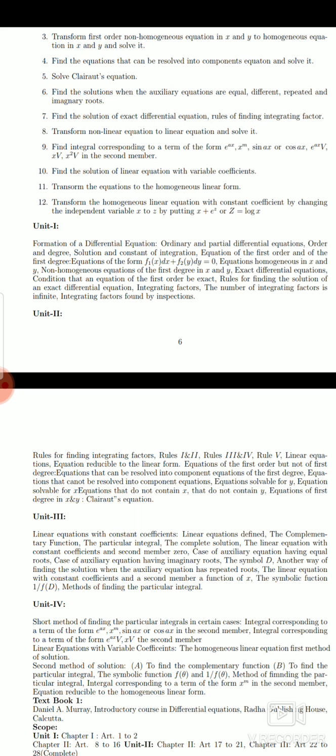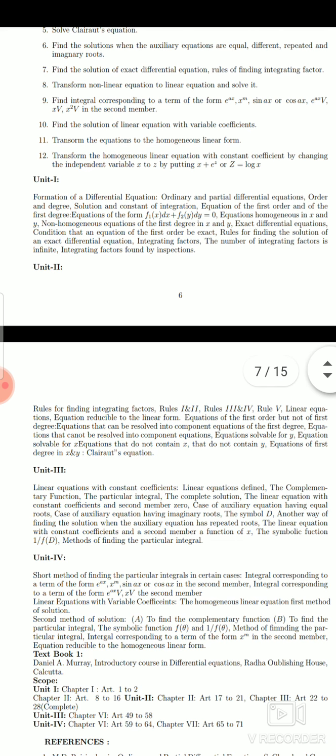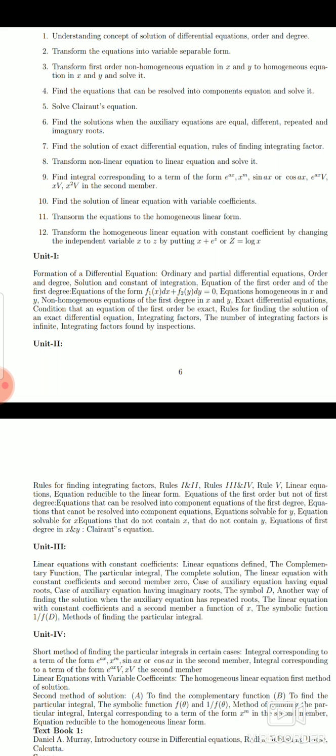Dear students, this paper is divided into 4 units. So first unit, see the content.